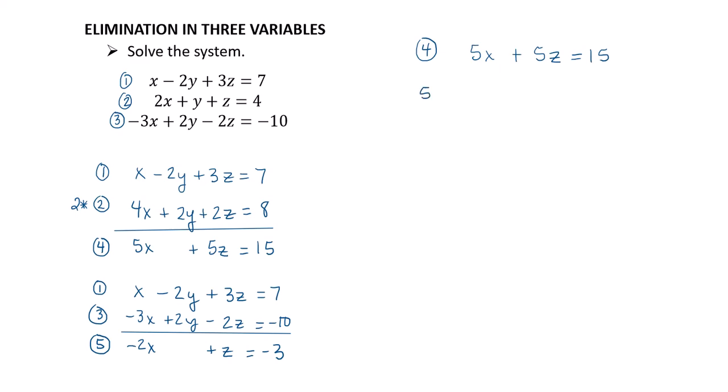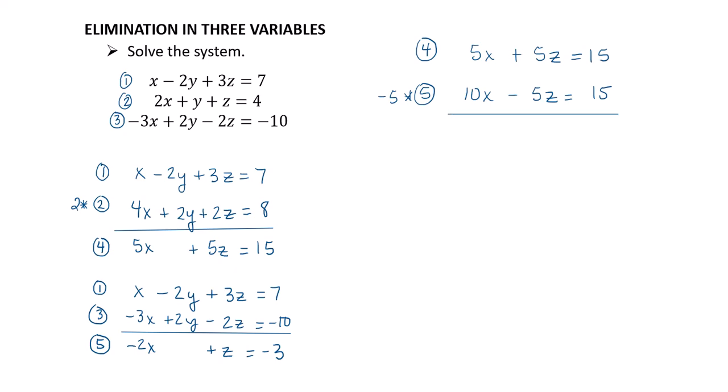And equation 5, I'm going to multiply by a negative 5. So I get 10x minus 5z equals a positive 15.